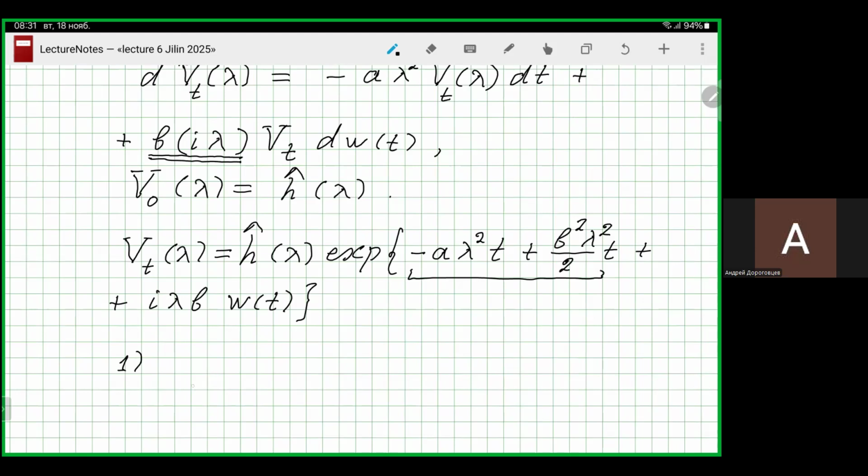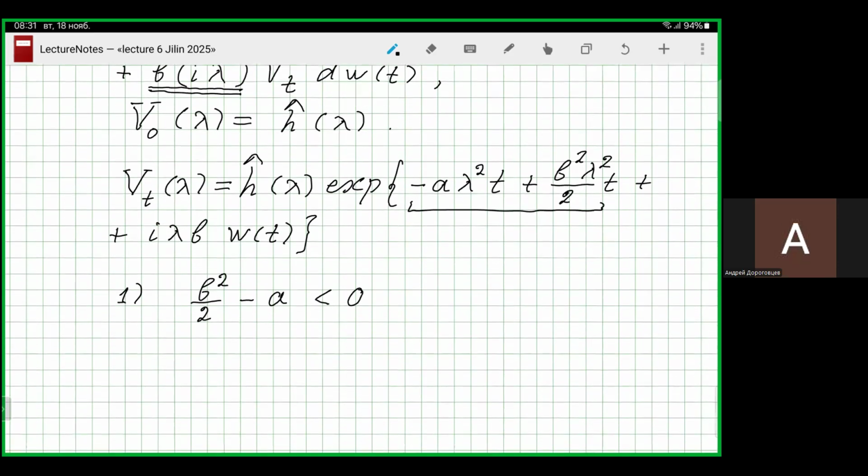Suppose that b square over 2 minus a is less than 0. In this case, let us denote this difference as minus C, where C is greater than 0.